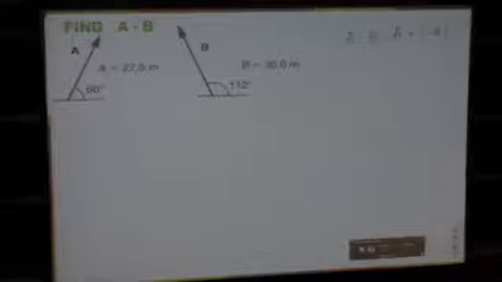So do we have a vector a? Well, there it is, a. Do we have a negative b? Not yet. So what do we have to do? We have to draw it. By definition, it must have the same magnitude as b, but it has to be opposite to it. So that's negative b.